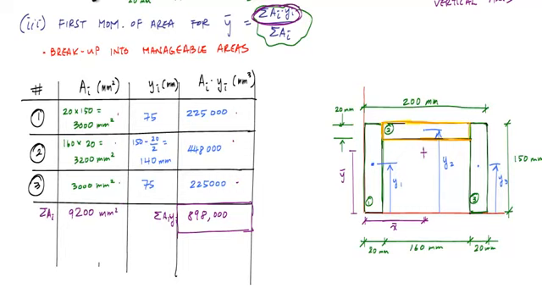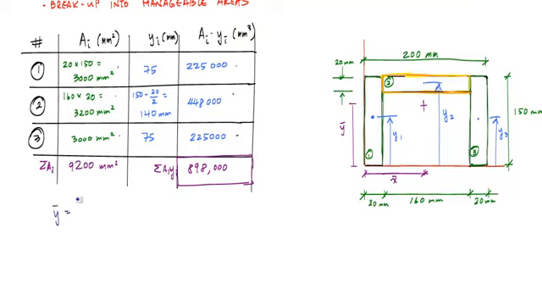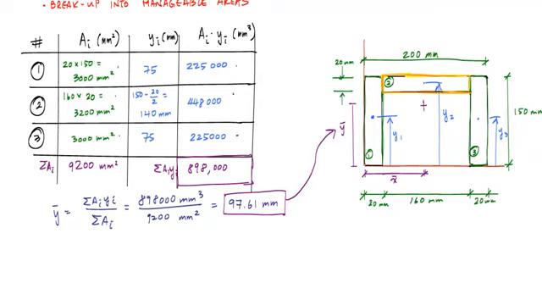Now if I straight up plug and chug, y bar is equal to 97.61 millimeters. And my centroid is located 100 millimeters horizontally from the reference and 97.61 millimeters vertically from this origin right here.